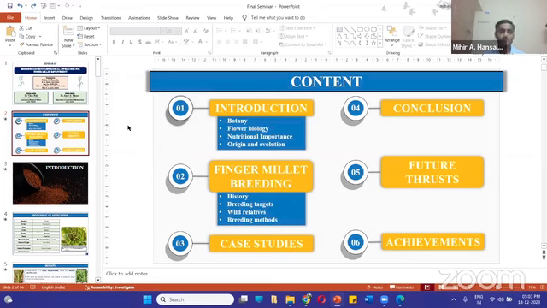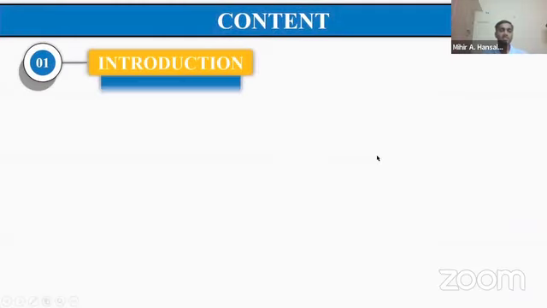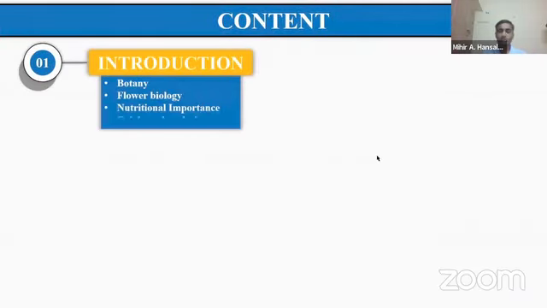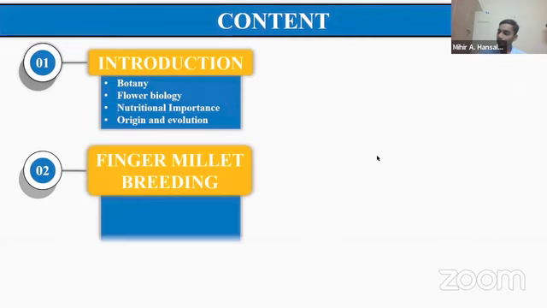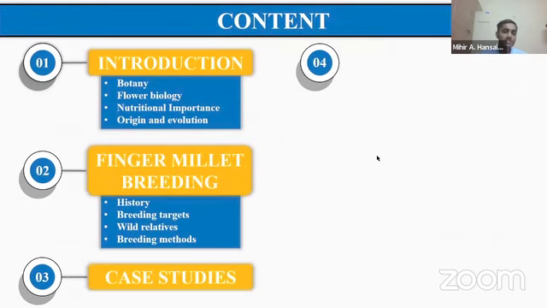So, for ease of understanding, I divided my seminar into six parts. First is the introduction. In this part, I will cover botany, flower biology, nutritional importance, origin and evolution.